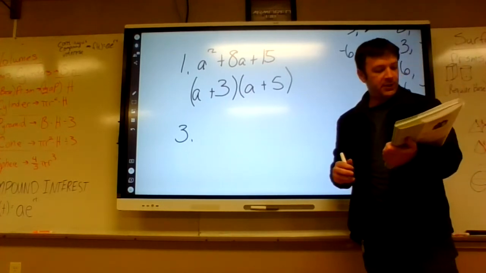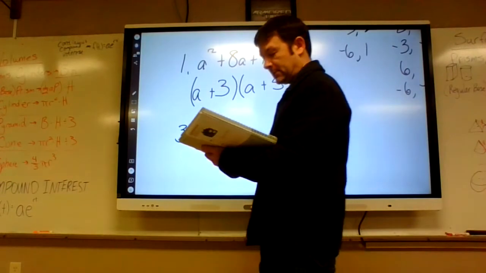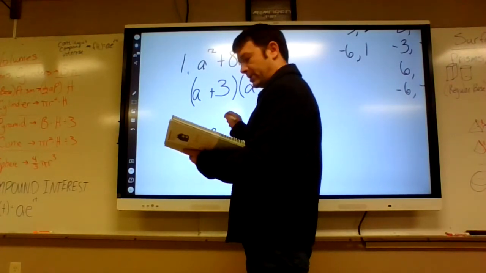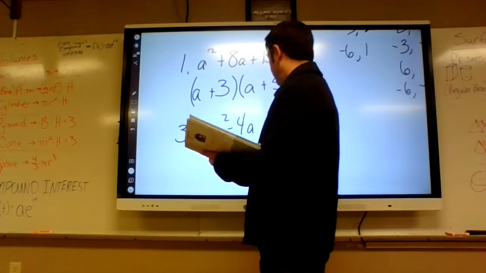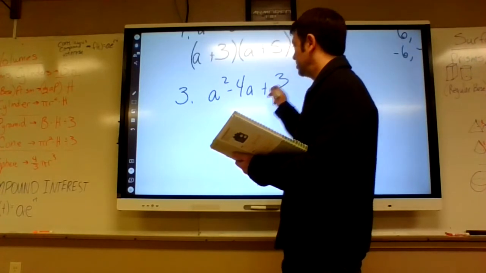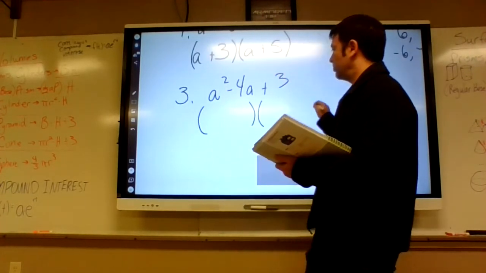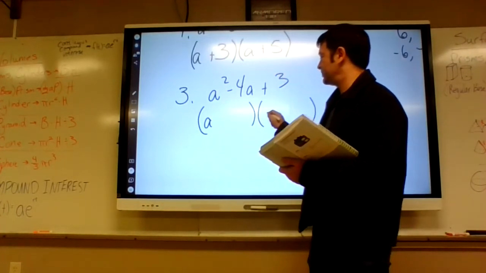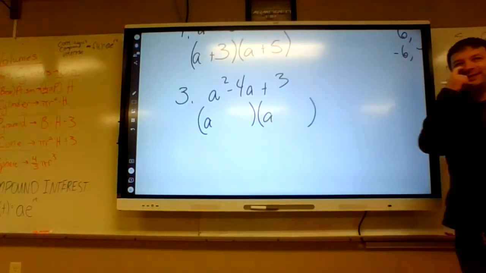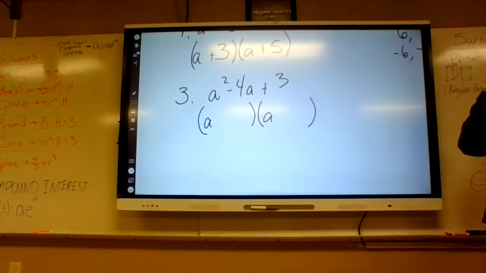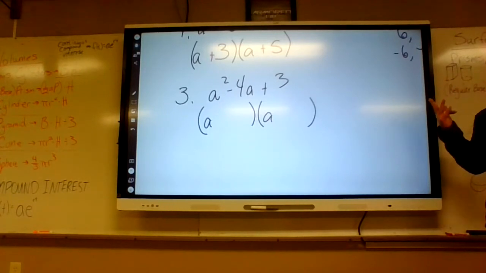Okay, number 3, a squared minus 4a plus 3. So a and a goes in front. What multiplies into 3? There's not a lot of options here. It's just 1 and 3, which is prime.